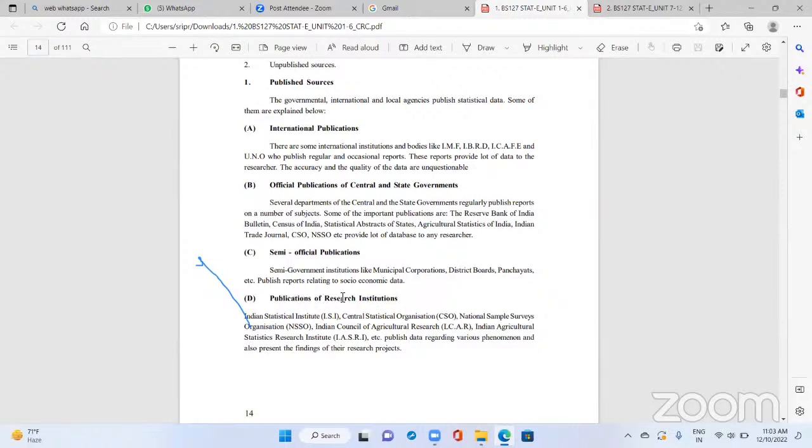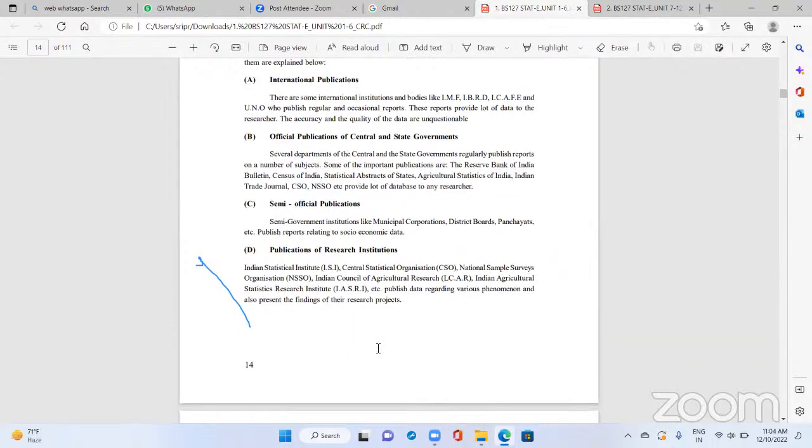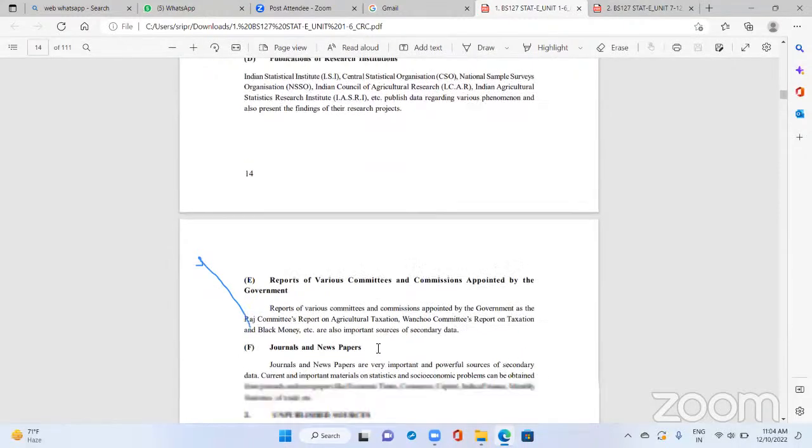Number four, publications of research institutions: Indian Statistical Institute (ISI), Central Statistical Organization (CSO), National Sample Survey Organization (NSSO), Indian Council of Agriculture Research (ICAR), Indian Agriculture Statistics Research Institute (IASRI), etc. publish data regarding various phenomena and present the findings of their research.